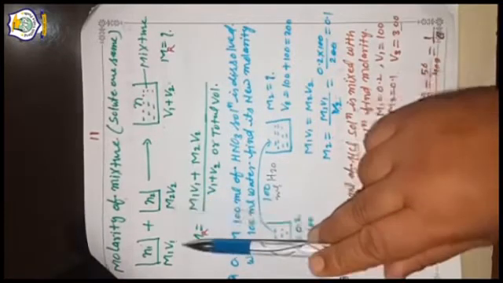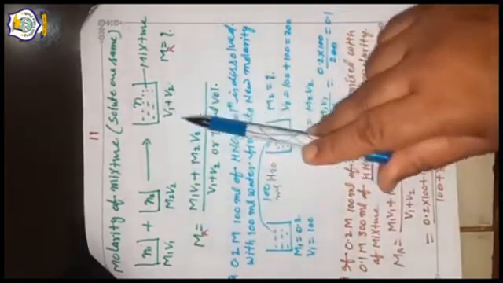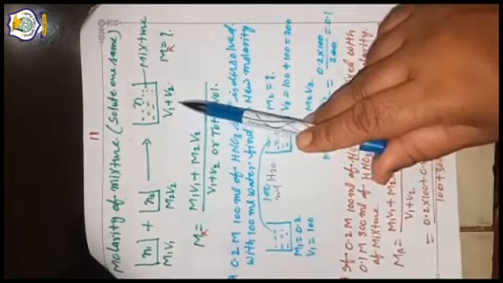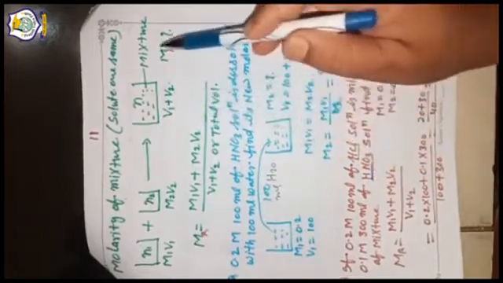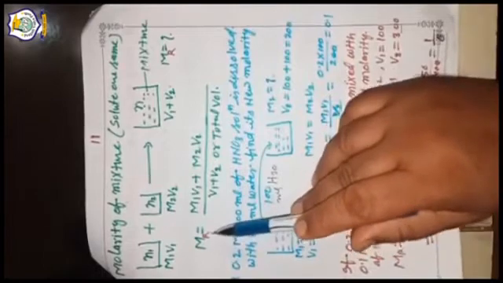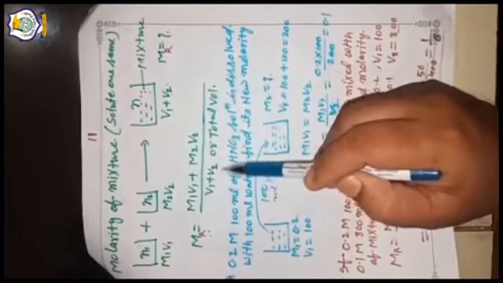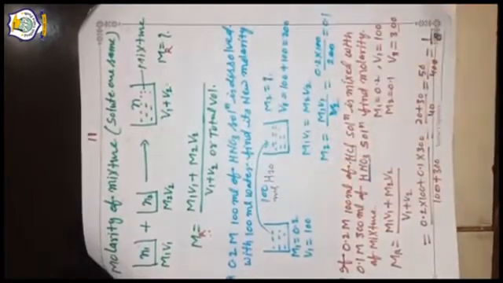After mixing these two solutions, the number of moles of mixture is N and the volume is V1 plus V2, and the resultant molarity is found by using this formula: MR, resultant molarity, equals M1V1 plus M2V2 upon V1 plus V2, or total volume.